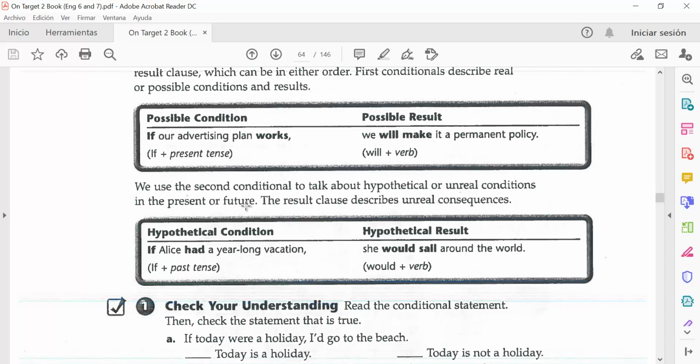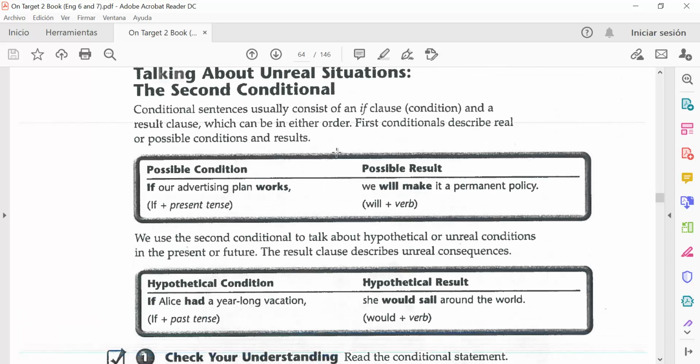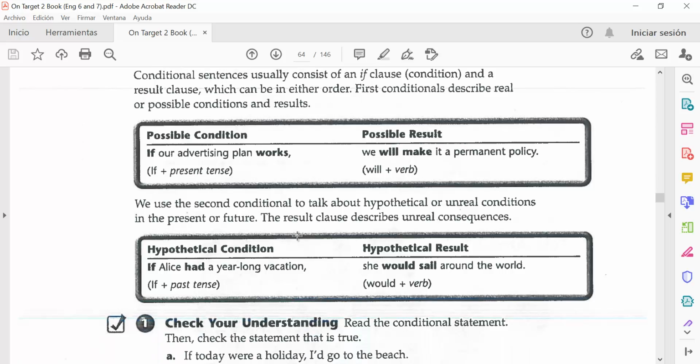So pay attention to this. The first conditional is used for real or possible conditions, but the second conditional is used to talk about hypothetical things that are not real, whether in the present or in the future.